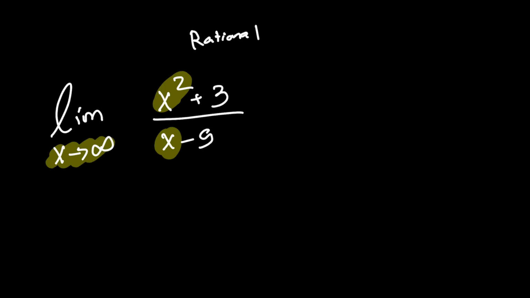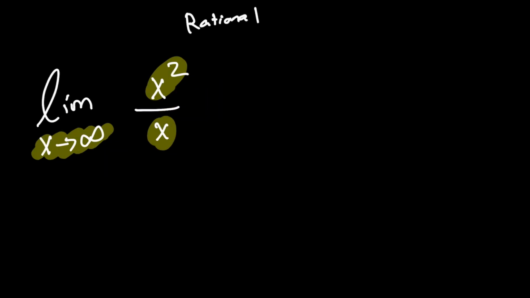Because we're going to infinity, these numbers are getting so large that this 3 and this -5 are going to be negligible. We don't even need to analyze them to figure out what happens as x goes to infinity. Okay, so what we're essentially doing is we only need to look at the dominant terms in the top and the bottom, the numerator and the denominator, to figure out what's actually happening in this rational function.